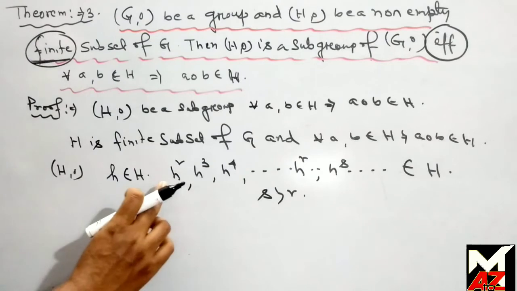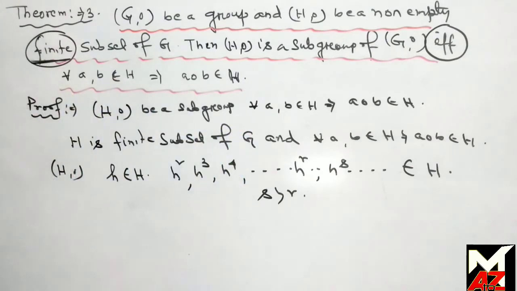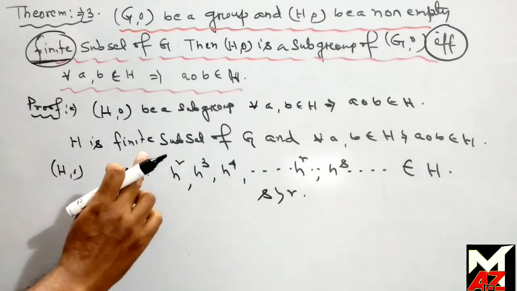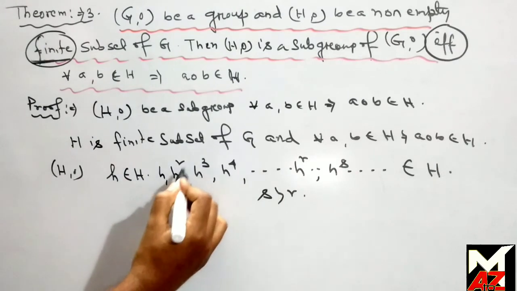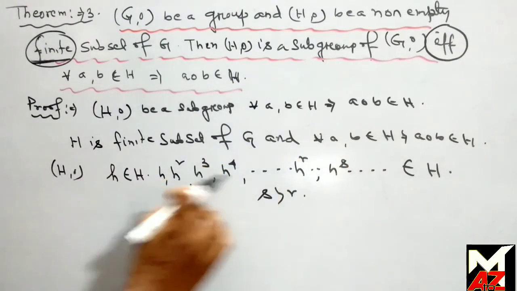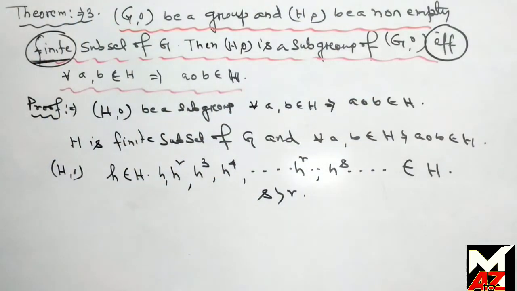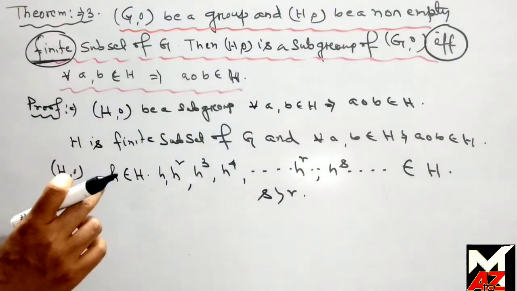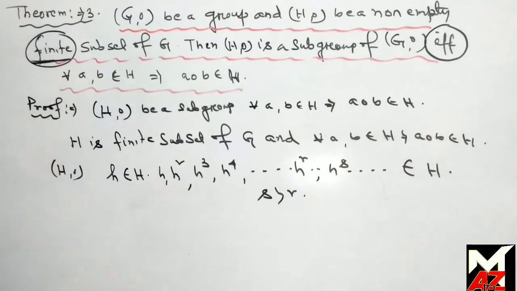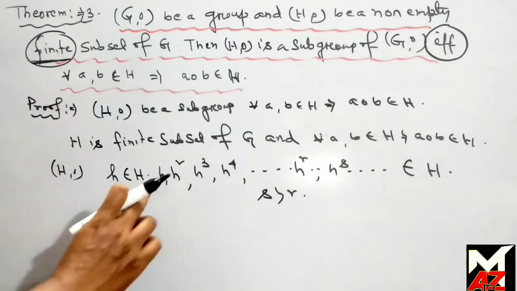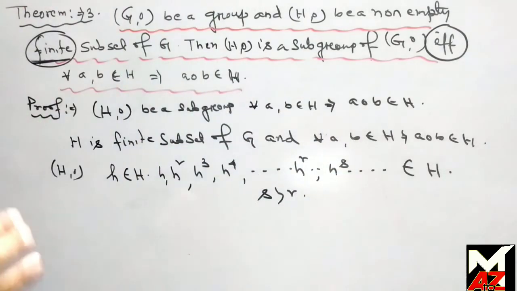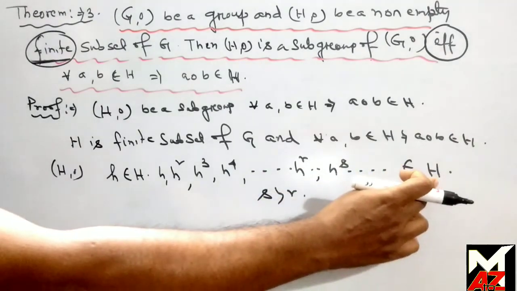Now since H is finite, these elements must not be all unequal, because if all the elements are unequal or distinct, then H must be infinite.